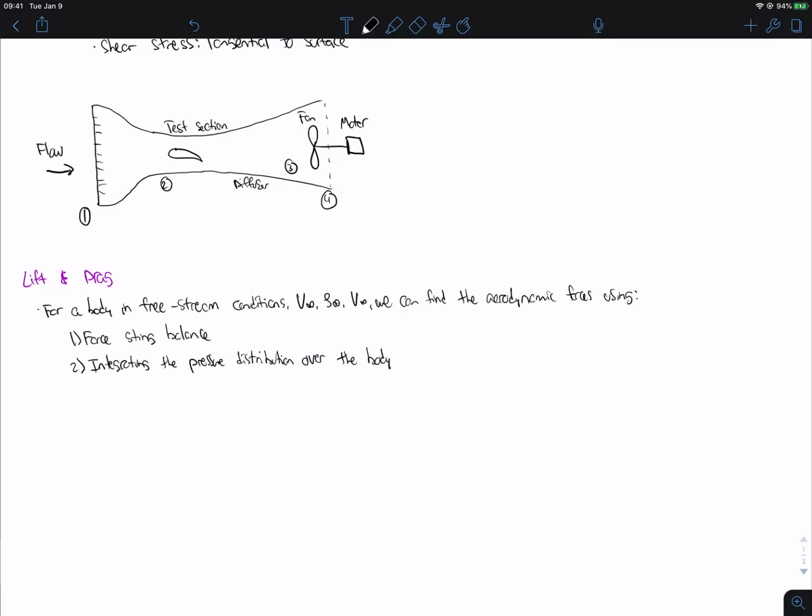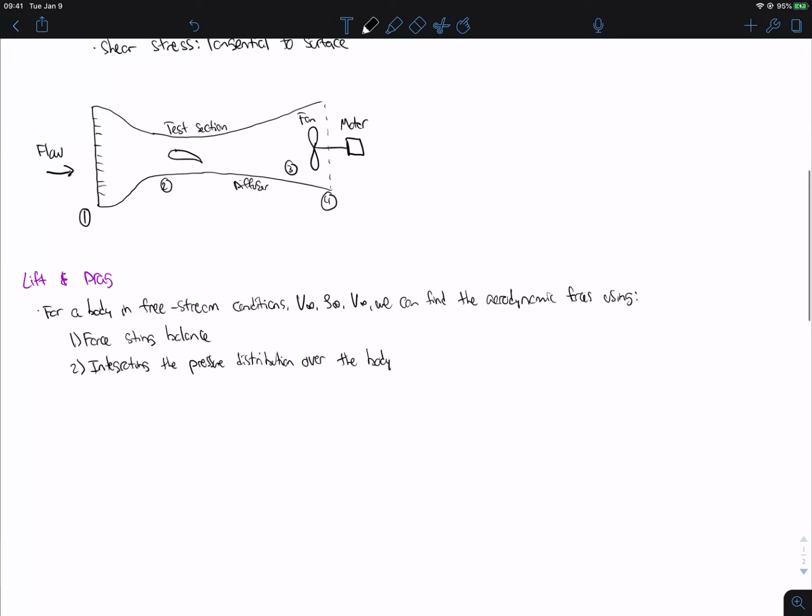And then for the sphere and hemisphere, and I'll talk about this a bit later as well, we're going to have these objects, and there's going to be holes that are drilled into it, and they're going to be connected to static pressure taps. And then from that, we're going to find the coefficient of pressure for that.